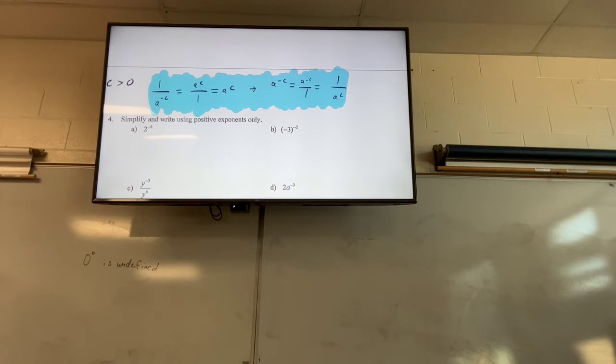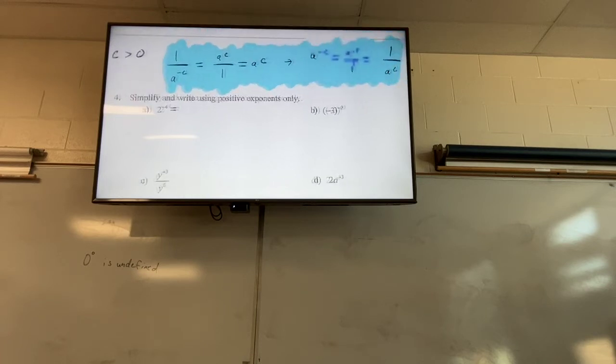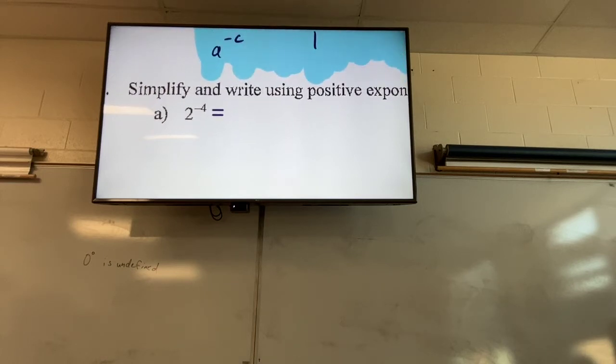All right, so 2 to the negative 4, I rewrite that. Yeah, of course. All right, ready? T to the negative 4. We rewrite that as t to the negative 4 over 1, and then we flip that number down to the bottom.